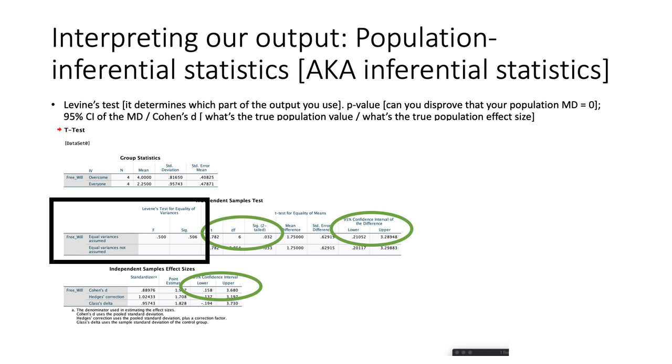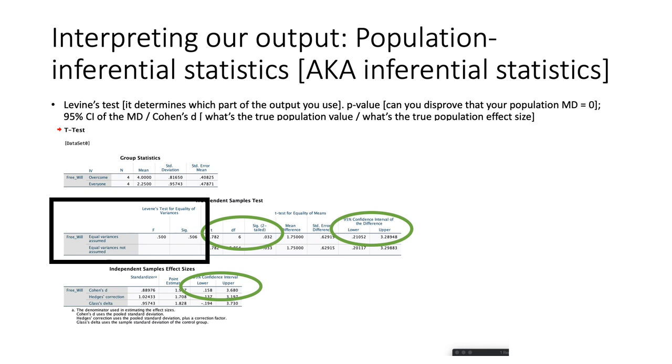Our p-value here is greater than 0.05, so the true population standard deviation difference very well could be 0. So we're going to assume equal variances and use the top row, since our p-value is greater than 0.05.